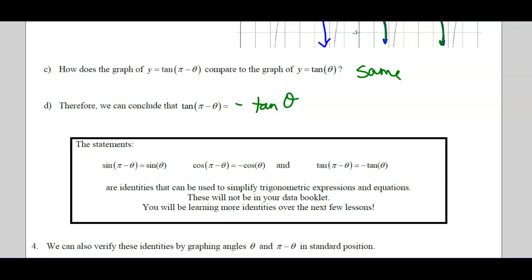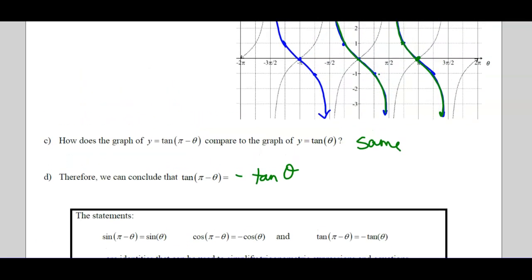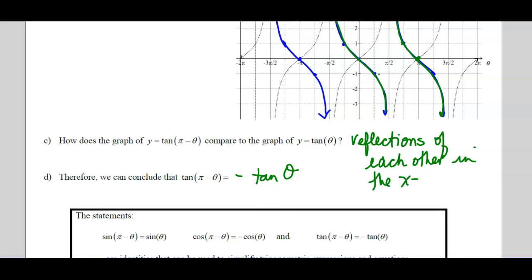Yes, sir. Oh, sorry. Yeah, they shouldn't be the same there. They are reflections of each other. Sorry, thank you. And, oh, in the theta axis, I guess.